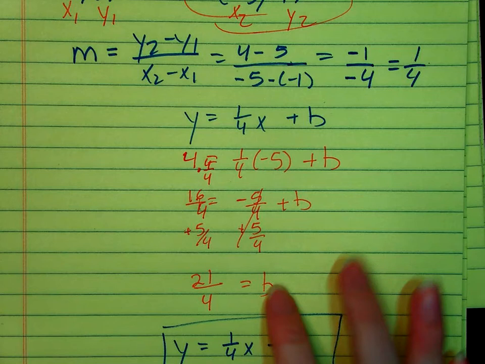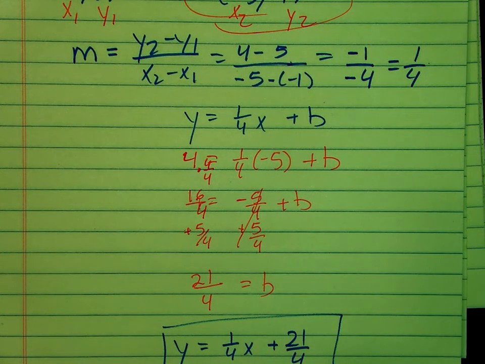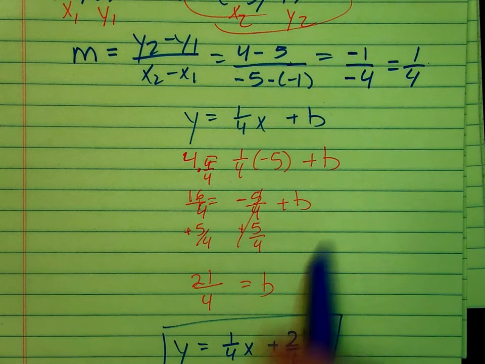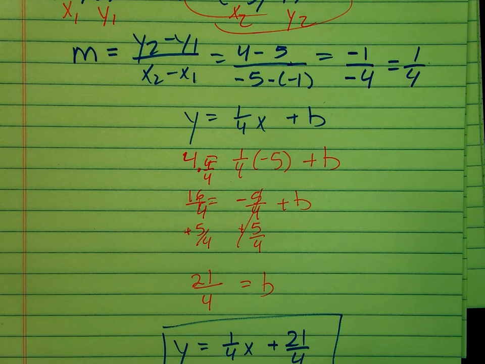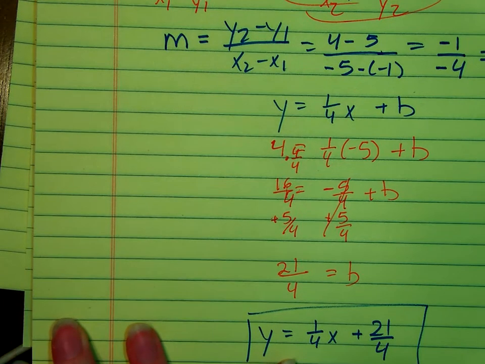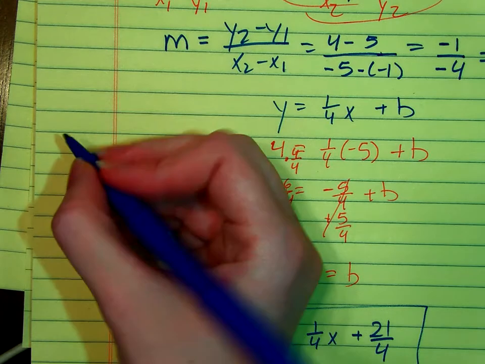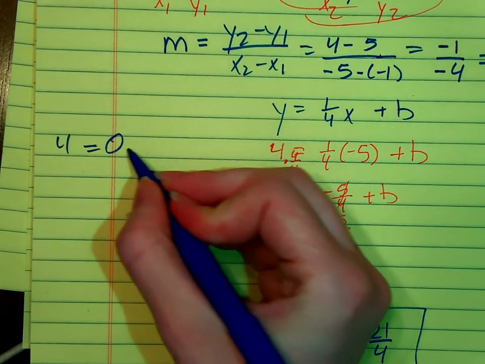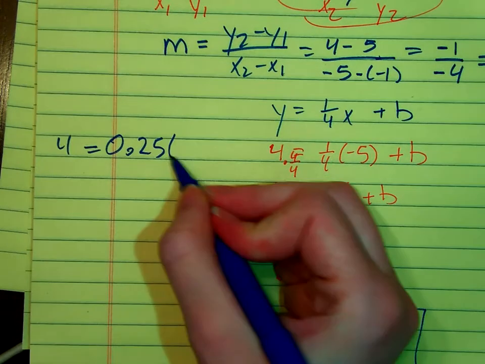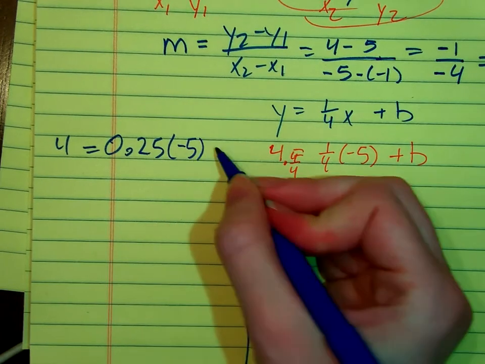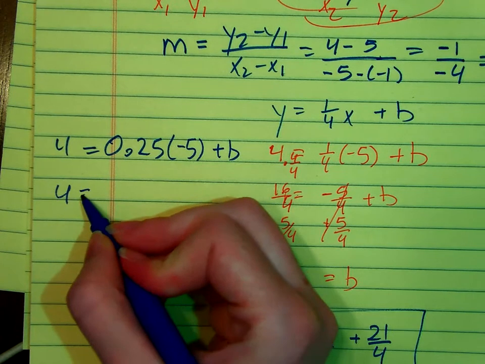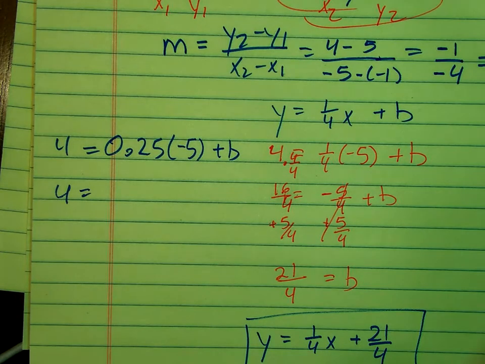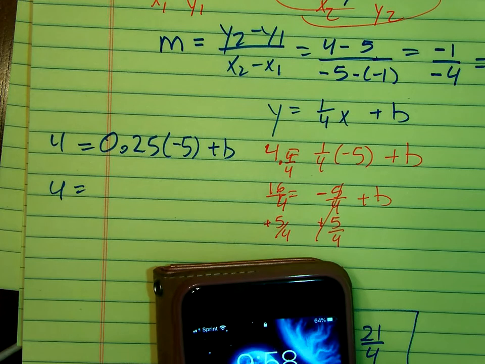It's the same process even if you've got fractions. You've just got to be comfortable manipulating the fractions in one way or another. And if you convert this to a decimal on your calculator, it would be a lot easier to work with decimals because there's no repeating numbers. You would have just gotten 4 equals 0.5 times negative 5 plus b. 4 equals whatever 0.5 times negative 5 is.